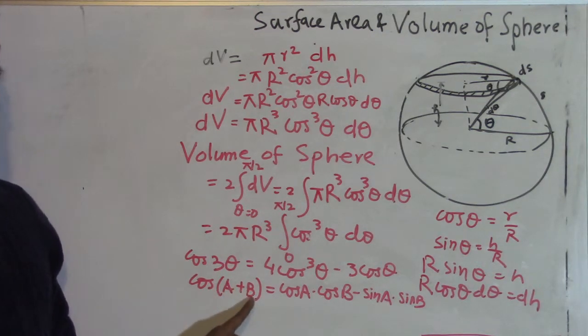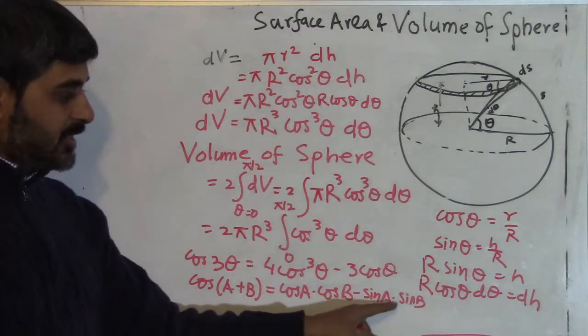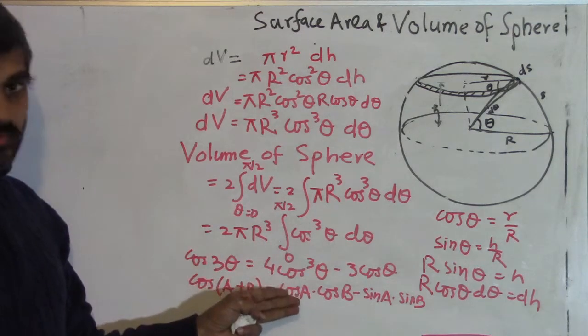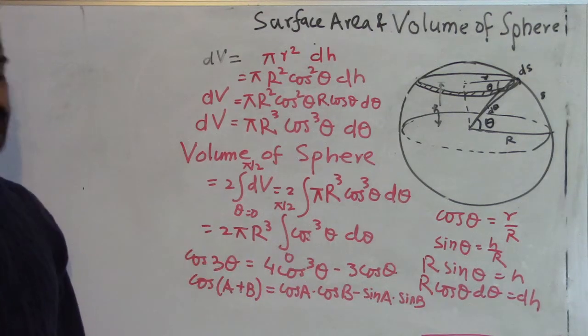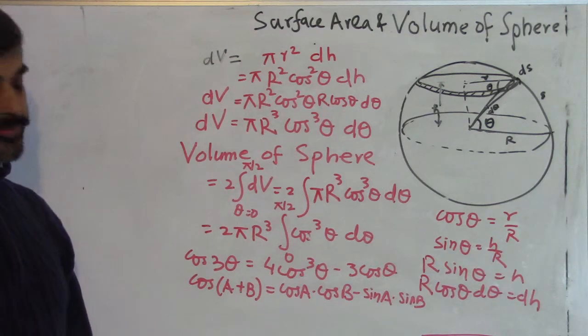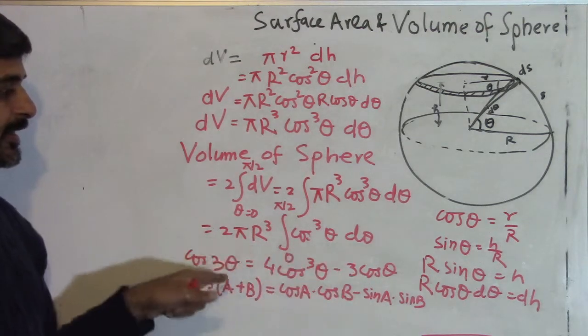Instead of B, write theta. You get cos 2 theta into cos theta minus sin 2 theta into sin theta. Then express cos 2 theta in terms of cos theta. Express sin 2 theta as 2 sin theta into cos theta. And if you do a couple of more things, you should be able to get this result.